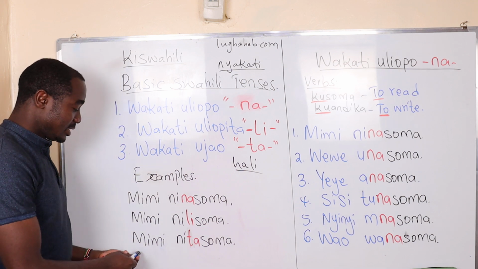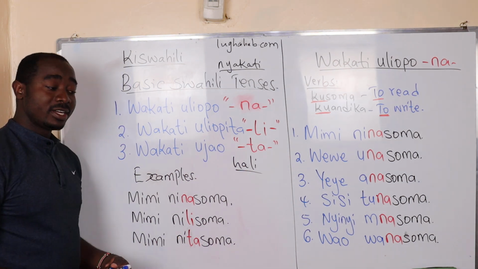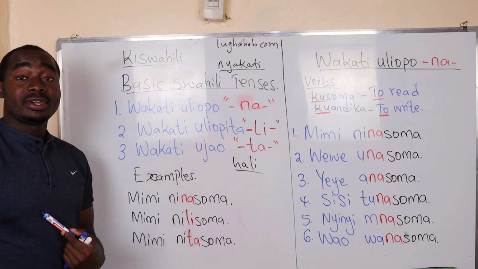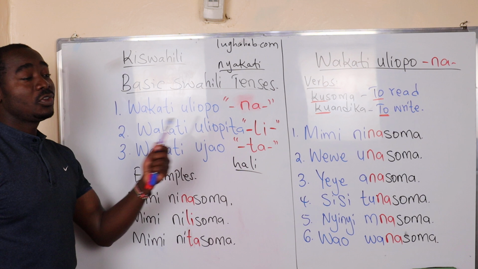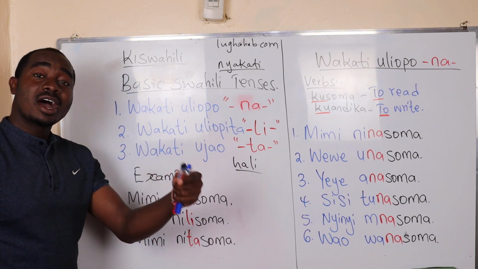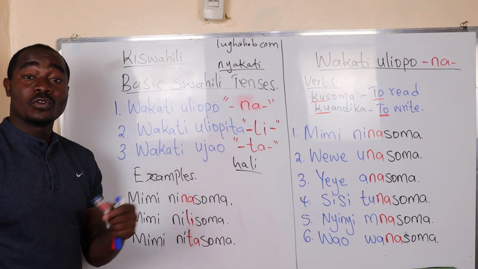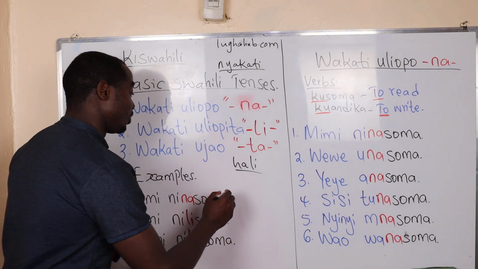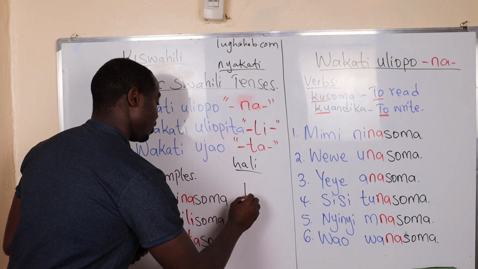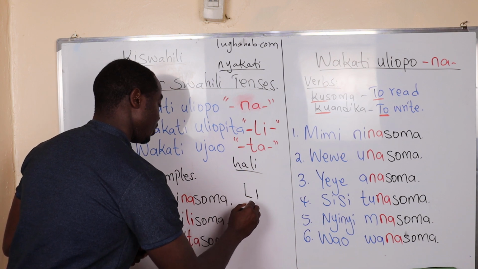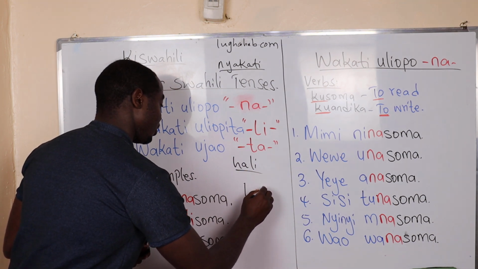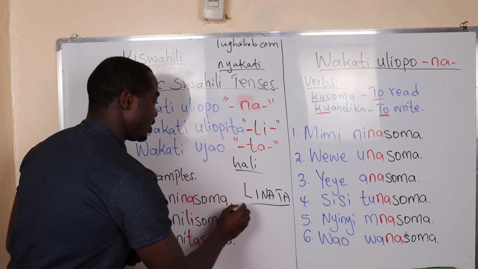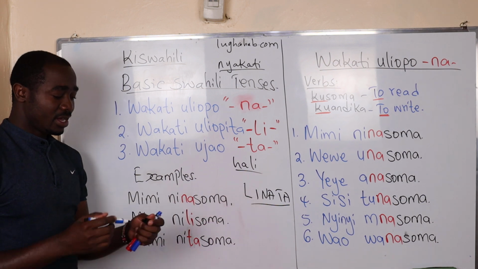And then lastly, mimi nitasoma. I will read. Nitasoma is future tense. Wakati ujao, future tense. You can remember this by writing li na ta.